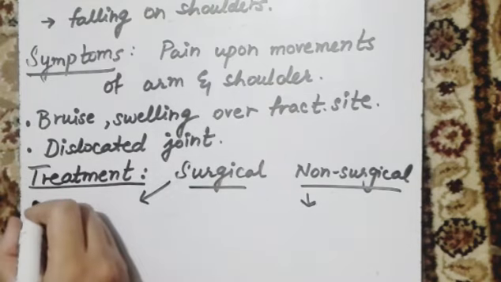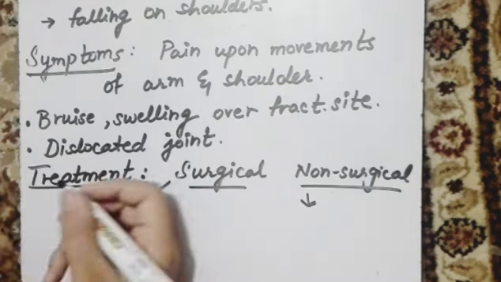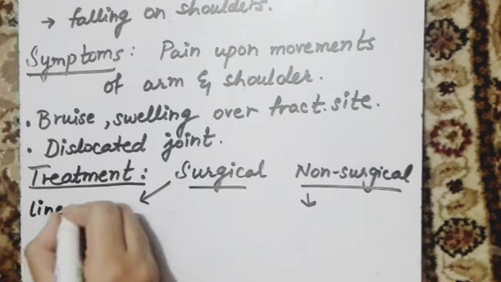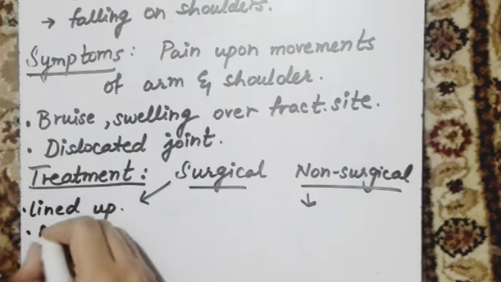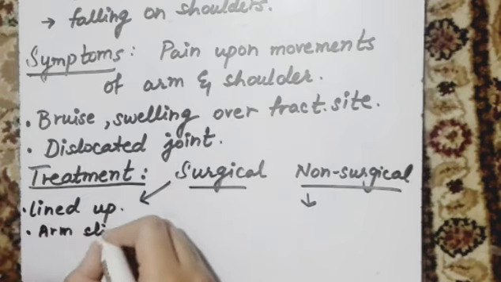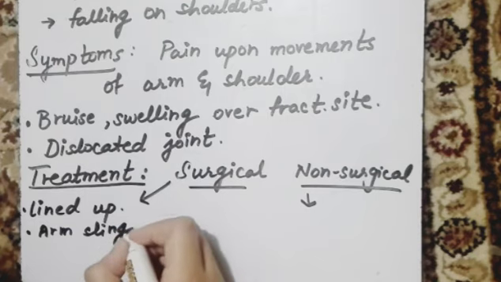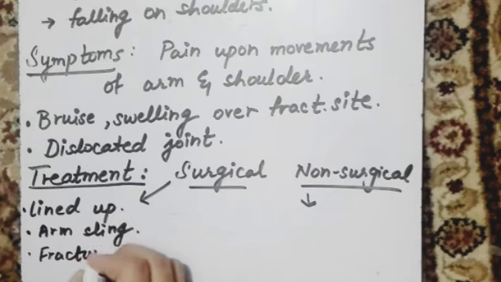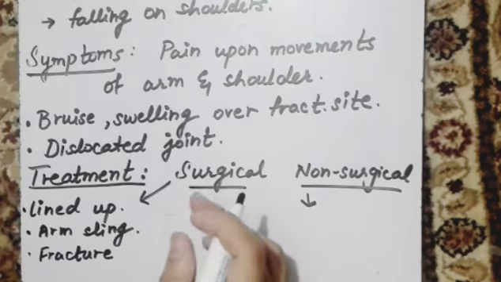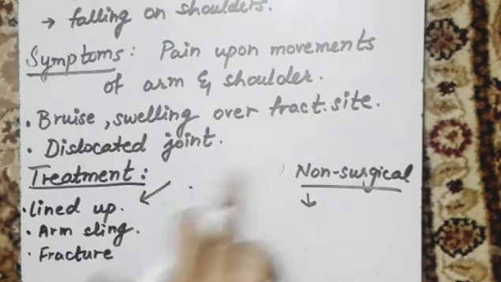Obviously the non-surgical, but it's not about preference, it's about the fracture type you've got. Let's discuss the non-surgical type. It's used to line up the clavicle. If it's not broken apart, then we use the non-surgical method. Another thing is to use an arm sling to treat it, and the fracture heals naturally. It doesn't need machinery or anything.